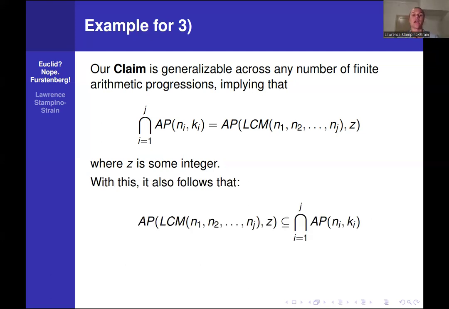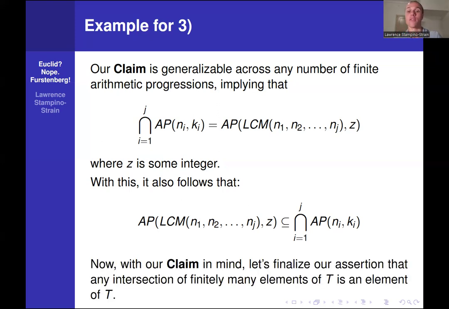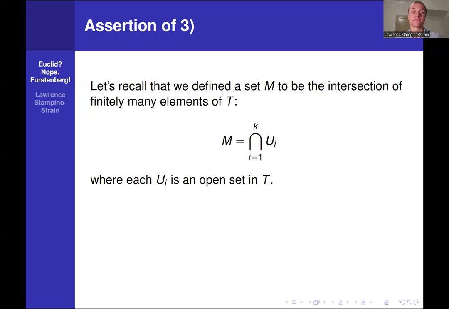So with this, it follows that this arithmetic progression that we define with this least common multiple is essentially equal to this intersection of finitely many arithmetic progressions, right? Now, with our claim in mind, let's finalize our assertion that any intersection of finitely many elements of T is also an element of T.